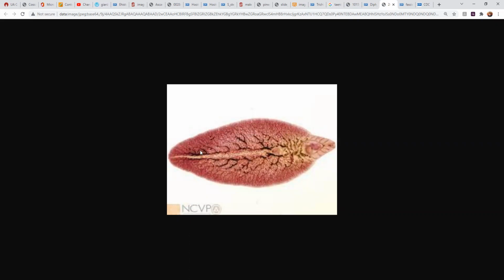You'll notice the center of it here looks like a proglottid of a tapeworm, but it has this oval shape with a pointed mouth region here, and then it comes to a rounded point on the other end. These would infect the liver, and fortunately we don't see this very much in the United States because we have sanitary conditions, but this is what a liver fluke looks like.